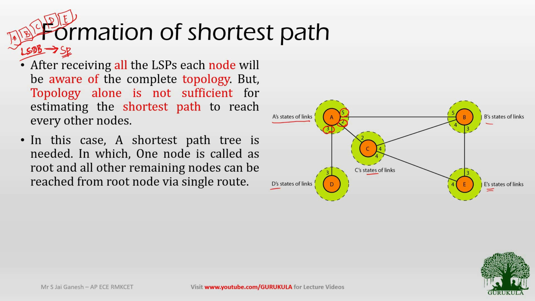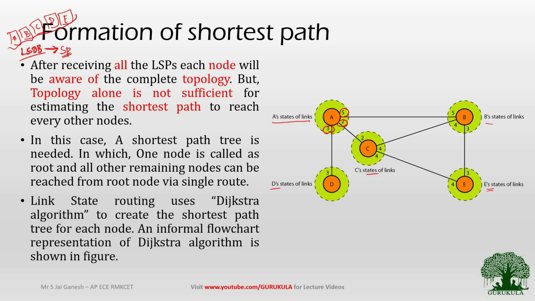In the process of forming a shortest path tree, one node is called the root node, and all the other remaining nodes will be visited from the root node. Link state routing uses Dijkstra's algorithm to create the shortest path tree. Now we will see what exactly Dijkstra's algorithm is and how the shortest path tree is formed.